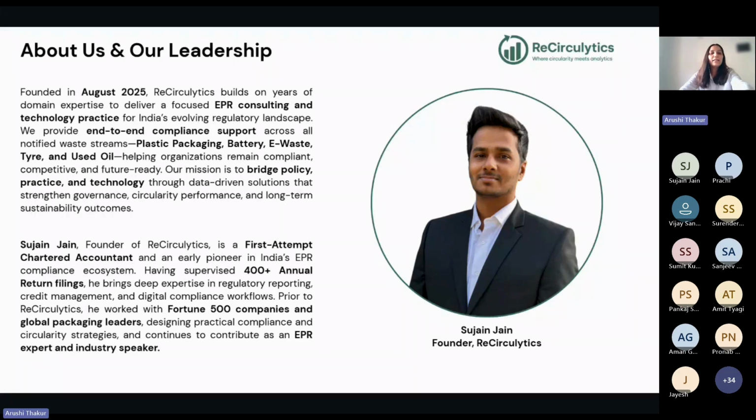As EPR expanded across multiple waste streams, plastic packaging, battery waste, e-waste, tires, used oil, the compliance environment became increasingly fragmented, data heavy, and operationally complex. ReCirculytics was created to bridge this gap by combining regulatory depth with analytics-driven execution. Today, we provide end-to-end EPR compliance support across all the notified waste streams, helping organizations remain compliant, competitive, and future-ready.